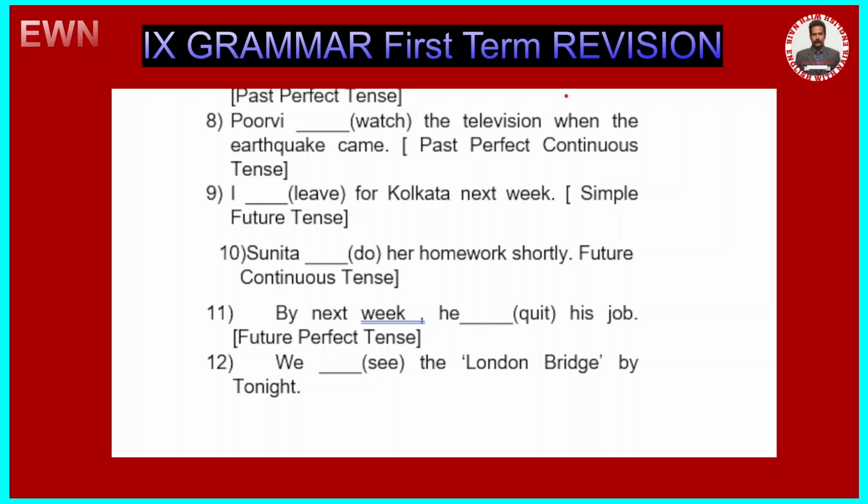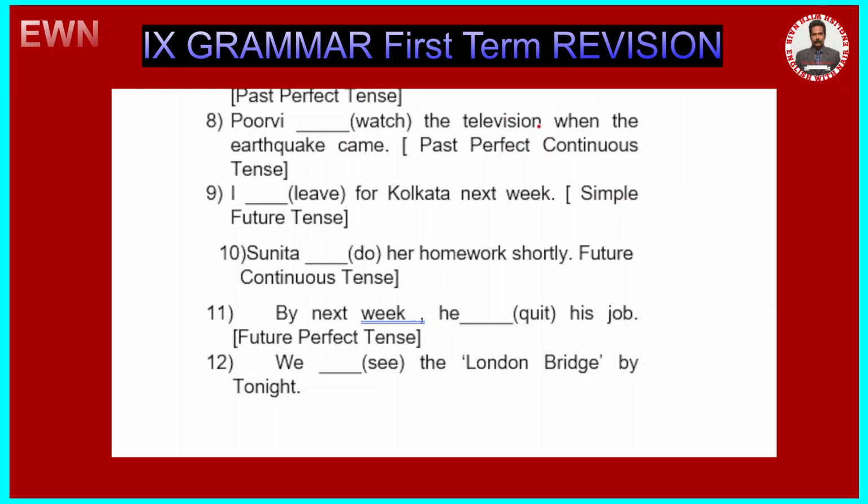So what you do is you use past perfect for something that happened earlier. So here the king had left before the prince came. Simple past tense and past perfect. Some of the tenses we use in combination with other tenses. So past perfect is more appropriate with simple past tense.